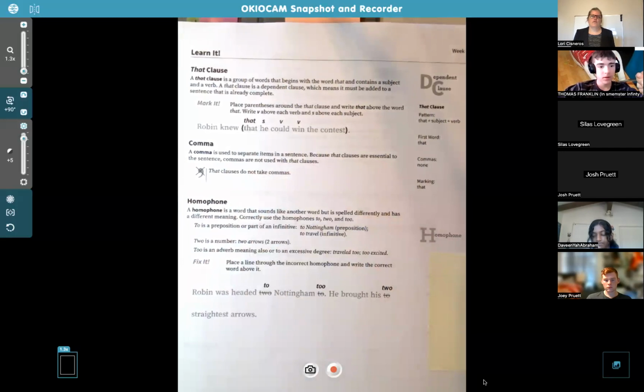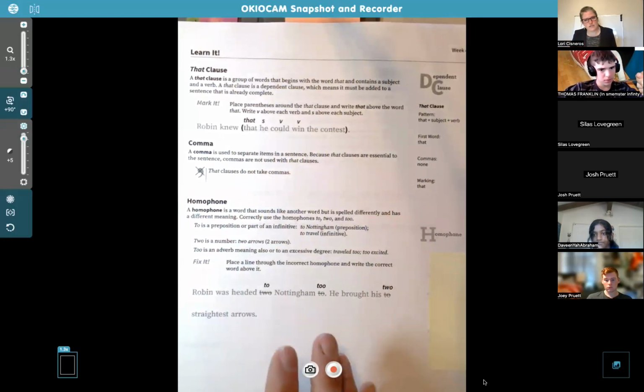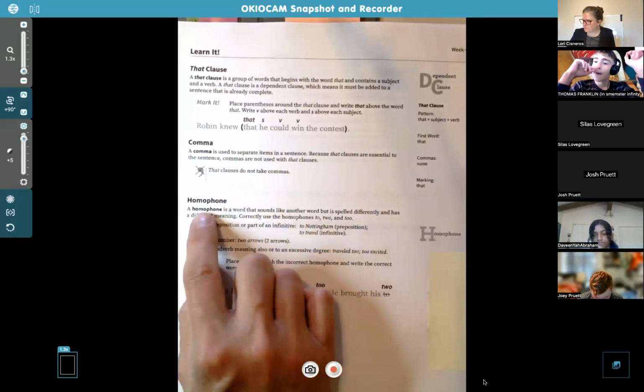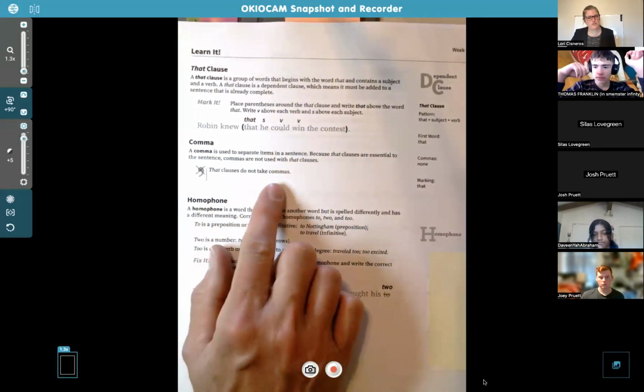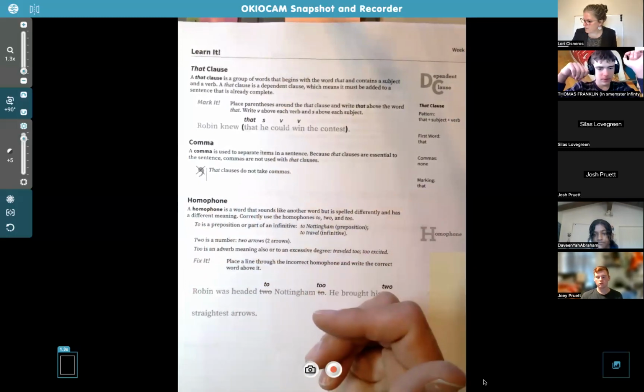So remember, if a that clause is dependent on the rest of the sentence, if it's essential, no comma is needed. If you could take it out and it's not essential to the sentence, then a comma is needed. So that clauses do not take commas. That's an easy one to remember.